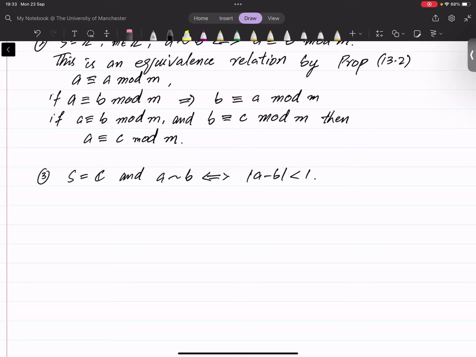Now this is reflexive and symmetric, which means that mod of A minus A is less than 1.